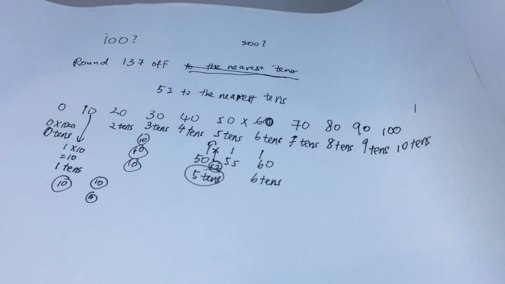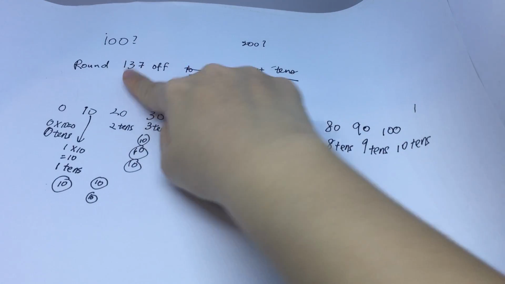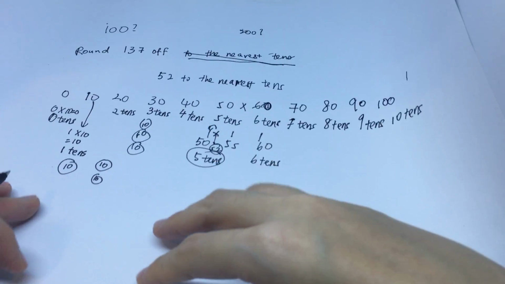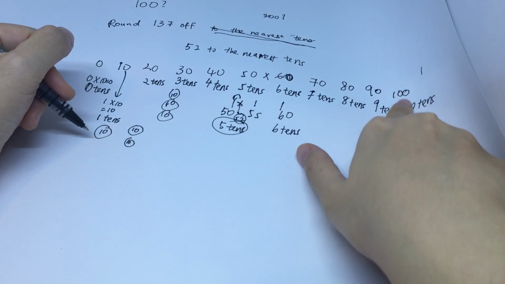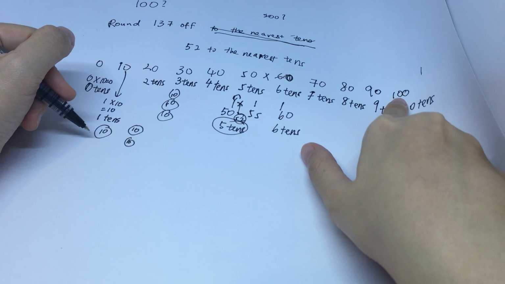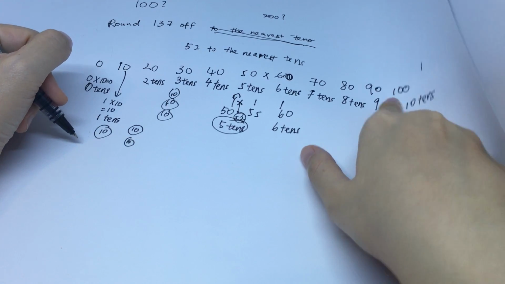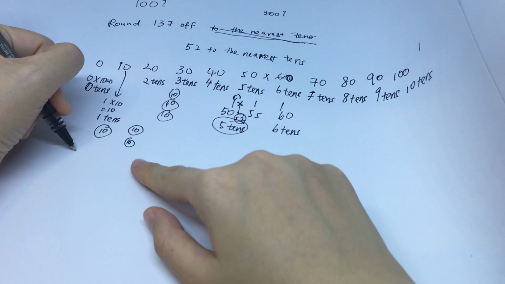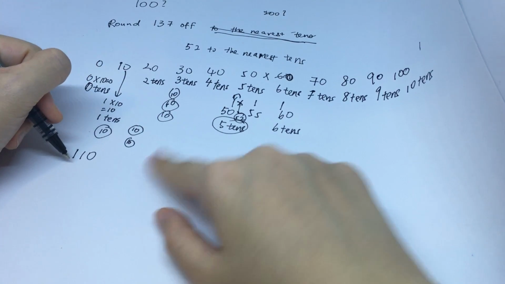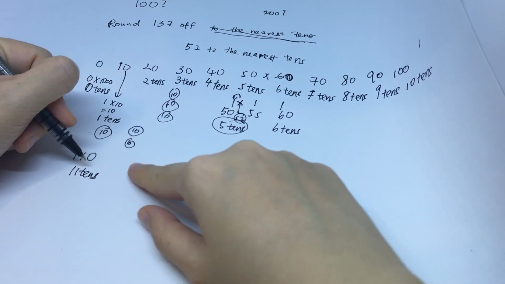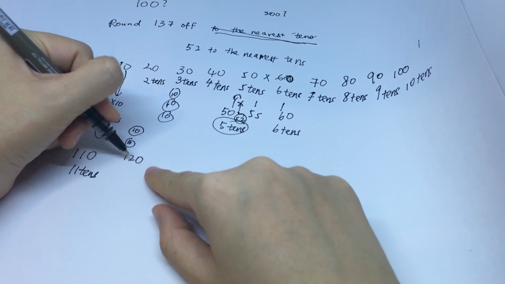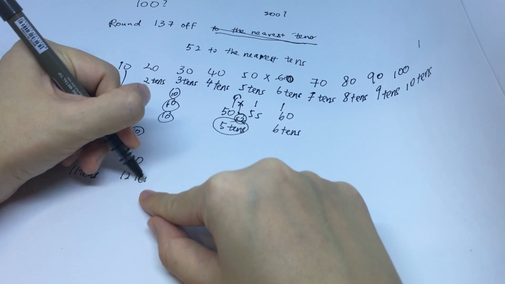Now let's go beyond 100 in order to round 137 off to the nearest tens. So what comes after 100? What tens comes after 100? We're counting in tens, 110. So this is 11 tens, the next would be 120, which is 12 tens.